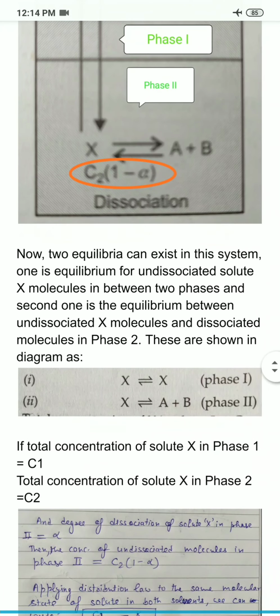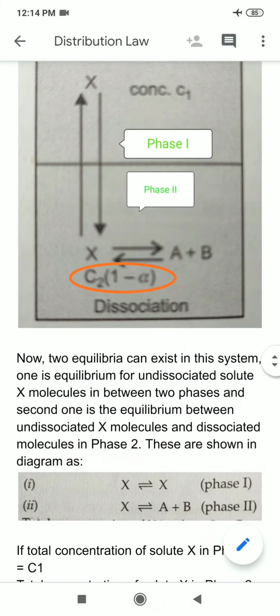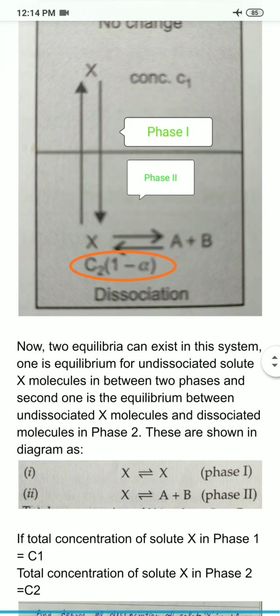You can see at 1 I have written X in equilibrium with X, so here the solute X is in equilibrium in both the phases. This equilibrium is for undissociated X molecules, and the second equilibrium is for the dissociated and undissociated molecules.